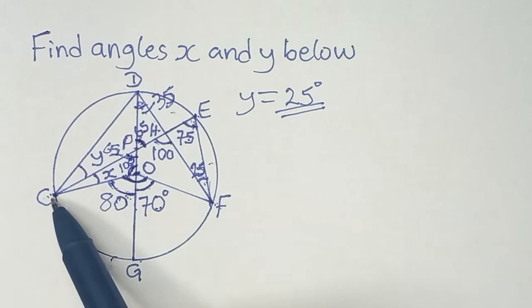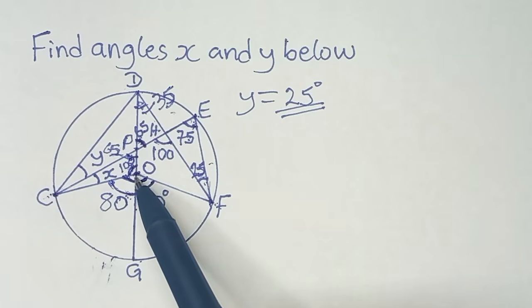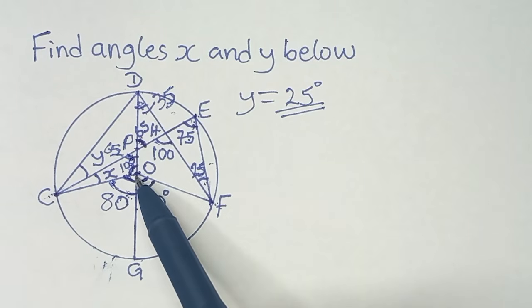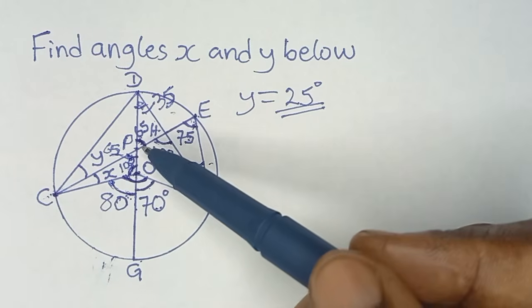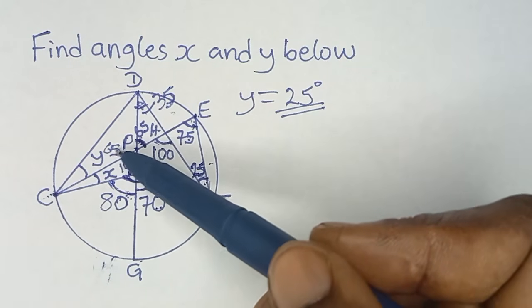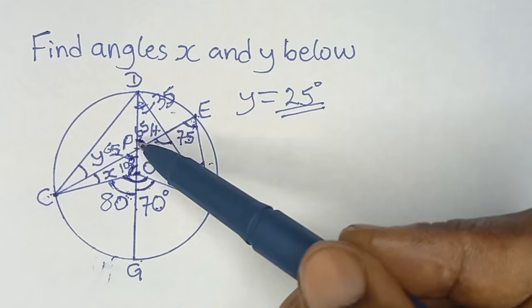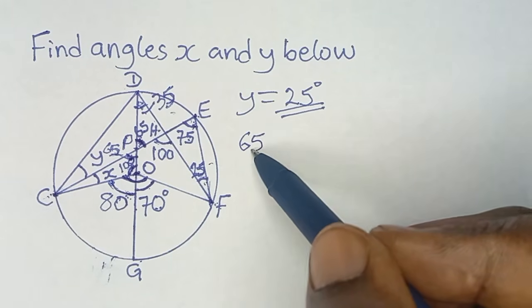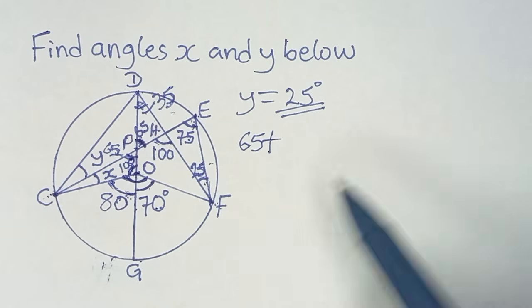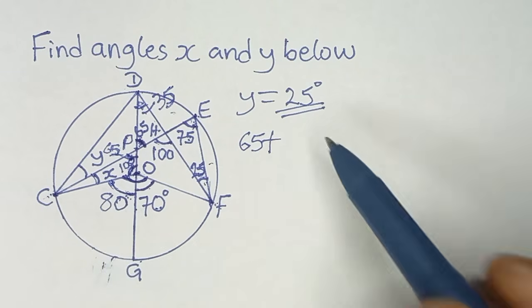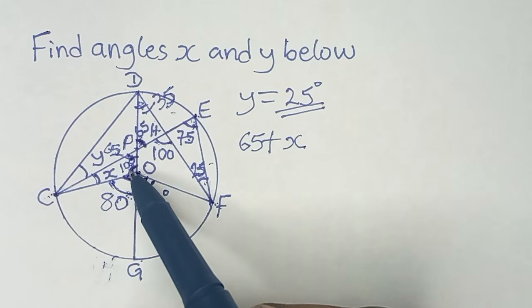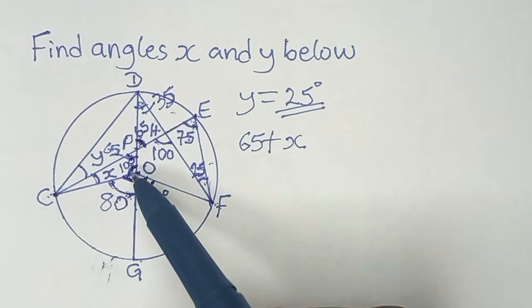Now, I can use triangle CPO. With respect to triangle CPO, I already have this angle here as 65, because vertically opposite angles are equal. Then the second angle is angle X, so I call it X. And the third angle is this 100 degree that we just obtained, since 80 and this 100 together form 180.